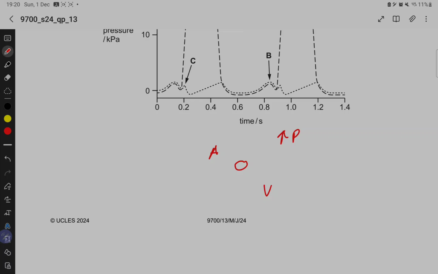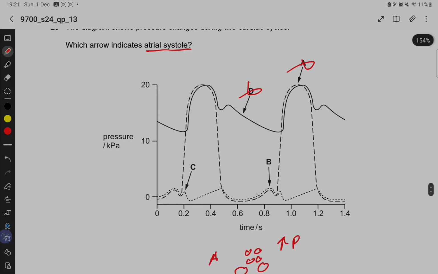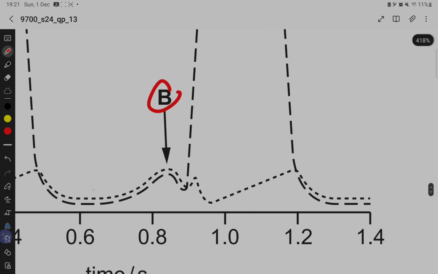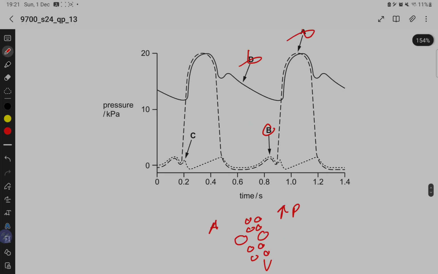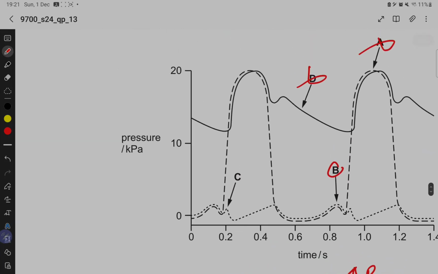That's why your valve is able to be opened and send out all the blood into the ventricle. So for atrial systole, you gotta look for where the atrium has higher pressure than the ventricle. And at this point, B fits that description, while C definitely not. Ventricle pressure is way higher.